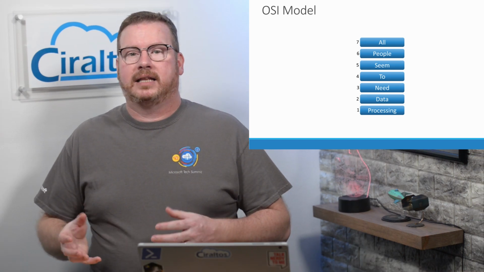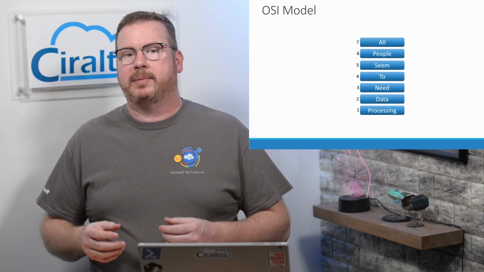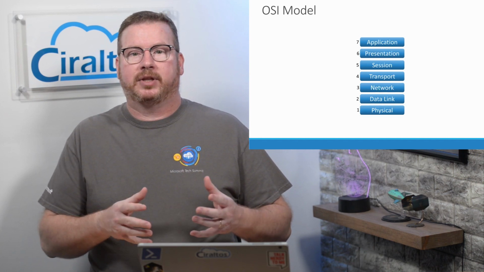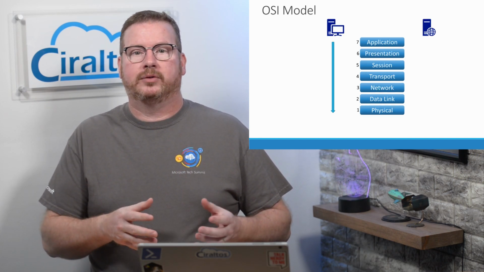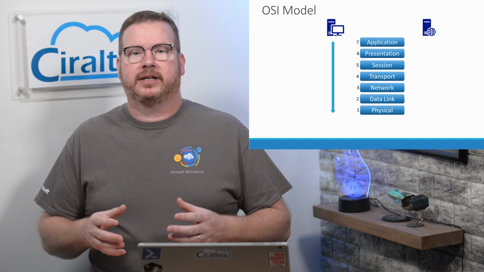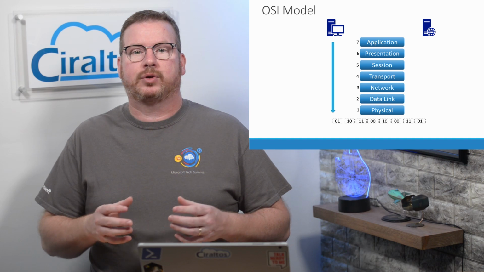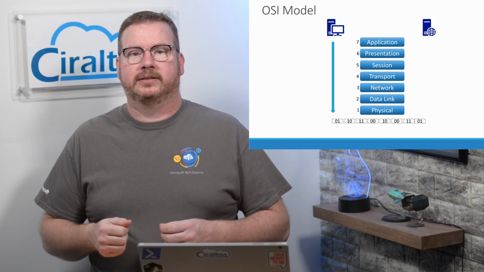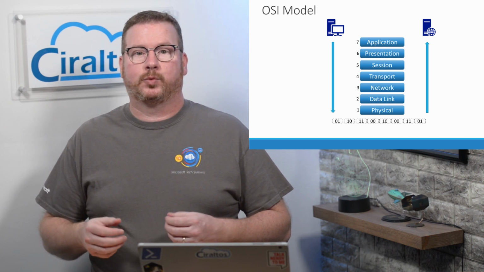The OSI model is a reference for protocols that describe how applications interface with the network. As we go from the application layer, such as a web browser making a request, to the web server, the data is broken into chunks and prepared to be delivered across the network all the way to the physical wire or wireless connection. At the destination, the process works in reverse.